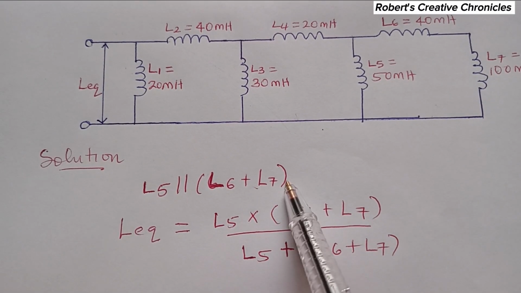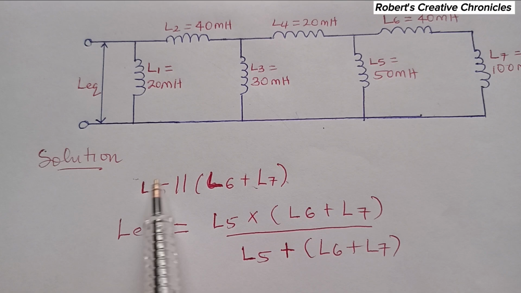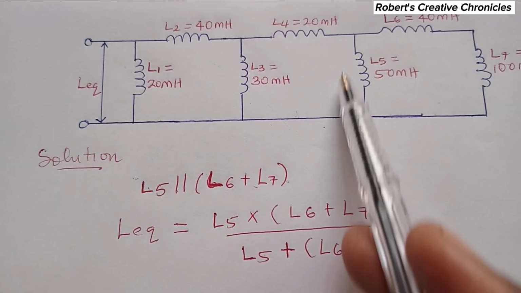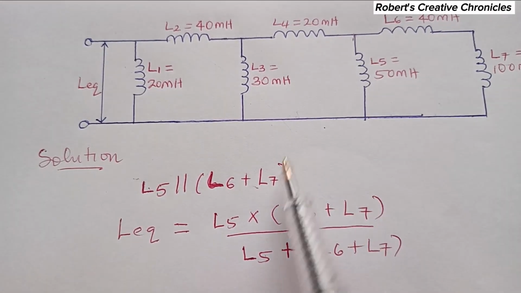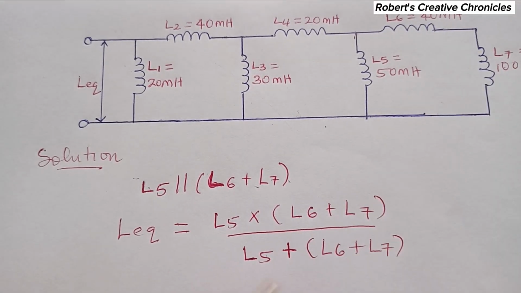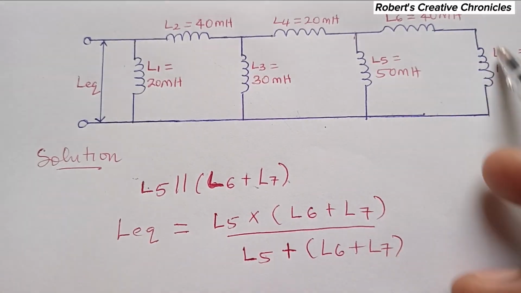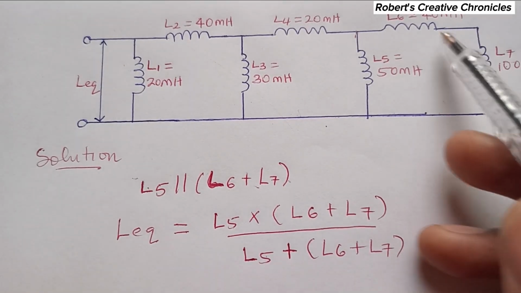We added L6 plus L7 because they are in series, and we are taking this in parallel because when the current comes to this point, a portion enters these two branches, which makes these two branches parallel to each other since different currents are entering them. And since the same amount of current enters this one, it makes these two inductors in series to each other.